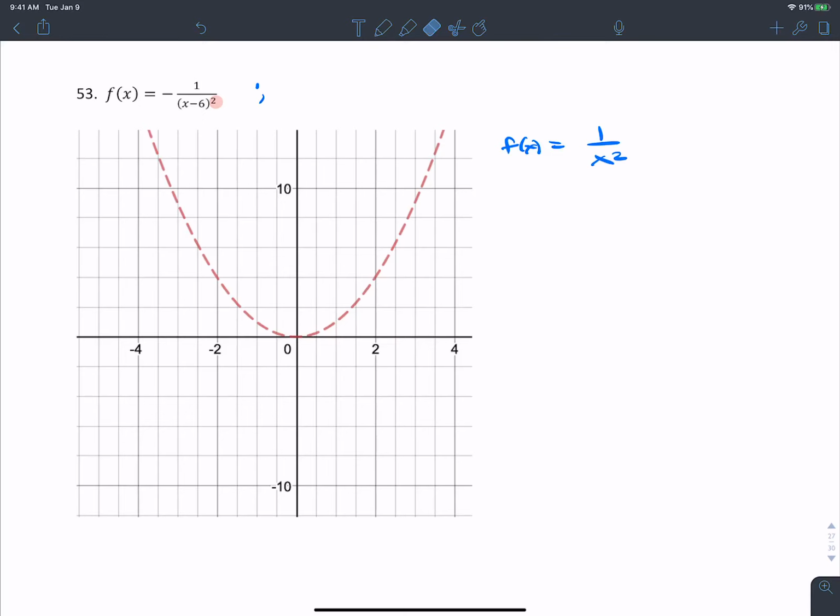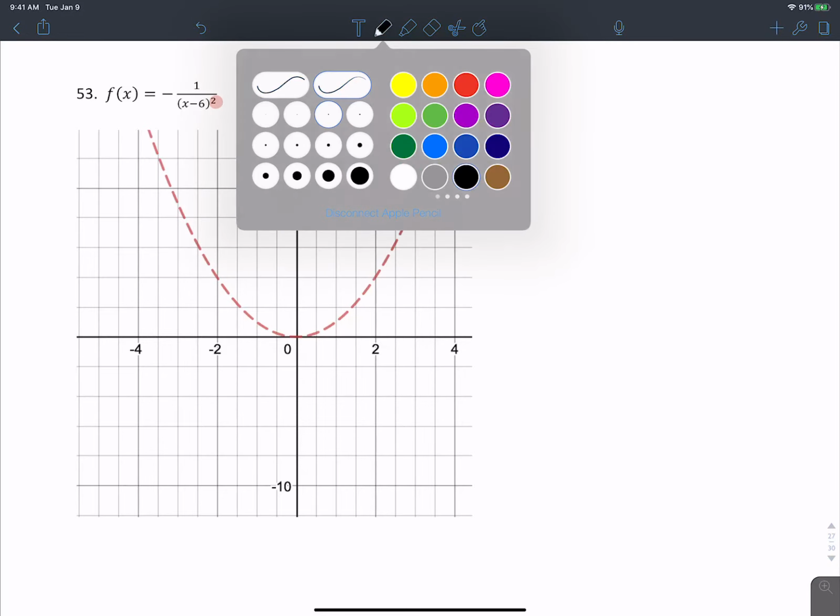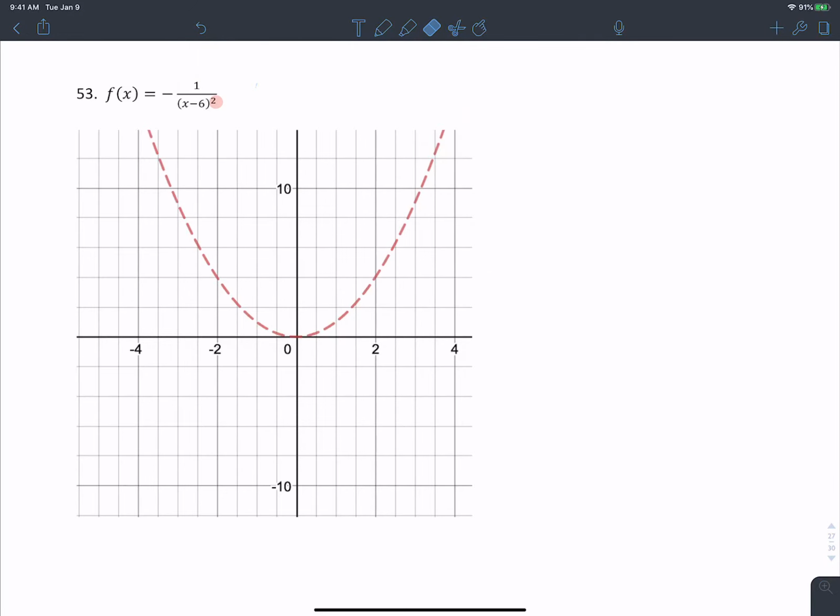This is a typo. Number 53, let's say note to self. We have a typo. This is f of x equals negative x minus 6 squared. So 53 has a typo. This is really what you're seeing. Let's get rid of this. You're not seeing that. It's not there.